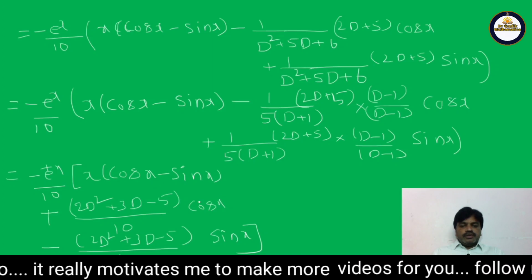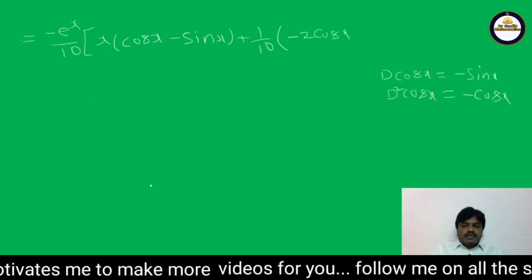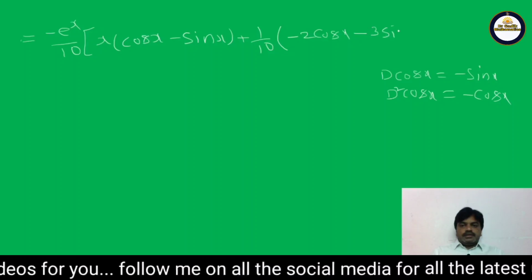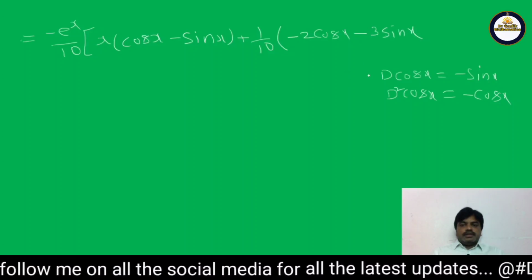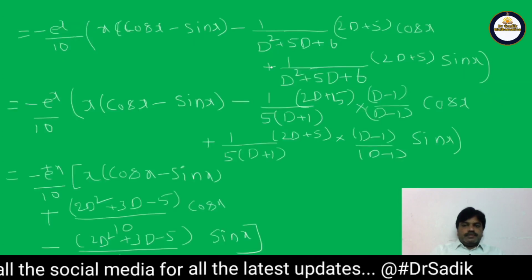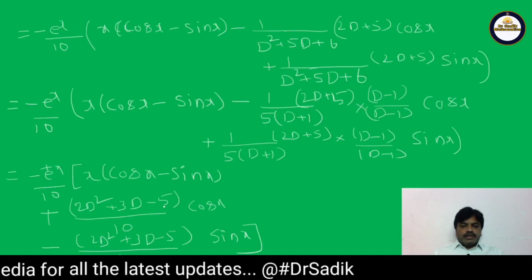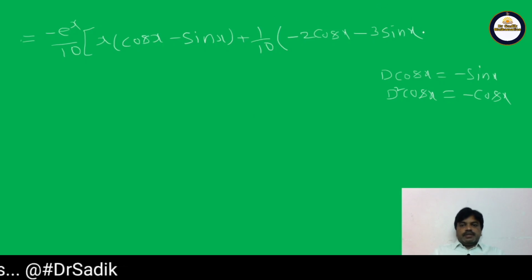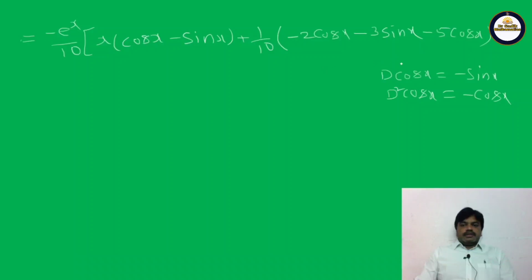The derivative of cos x is minus sin x, so we get minus 3 sin x, and then multiply with minus 5 into cos x, we get minus 5 cos x. Here also not plus, here I think minus minus.